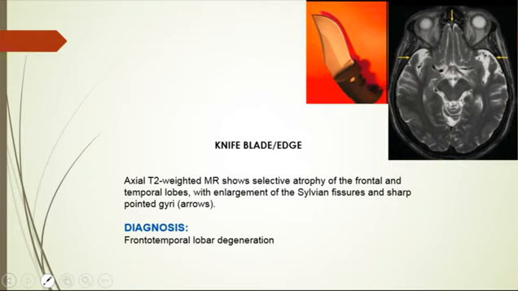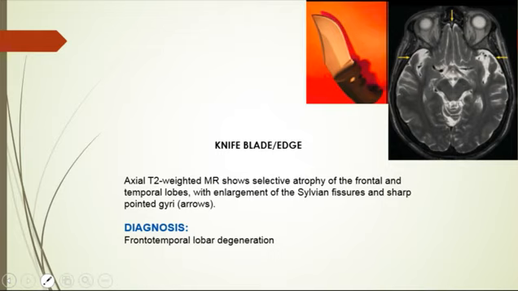This T2 weighted MR shows selective atrophy of the frontal and temporal lobes, enlargement of the Sylvian fissure, and there are sharp pointed gyri. Okay? Frontotemporal lobar degeneration is a spectrum of neurodegenerative disorders characterized by selective progressive atrophy of the temporal and frontal lobes. Up to 40% of cases are familial with autosomal dominant inheritance in about 20%.